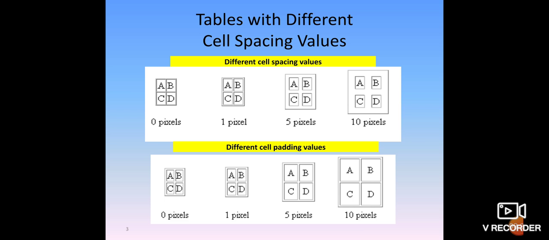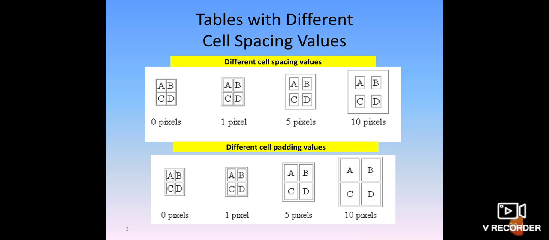You can see the difference much more in 10 pixels. In 10 pixels, there is really a lot of space, and when it is displayed, the data looks very clear.